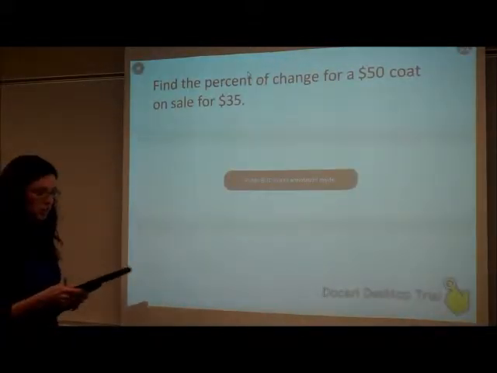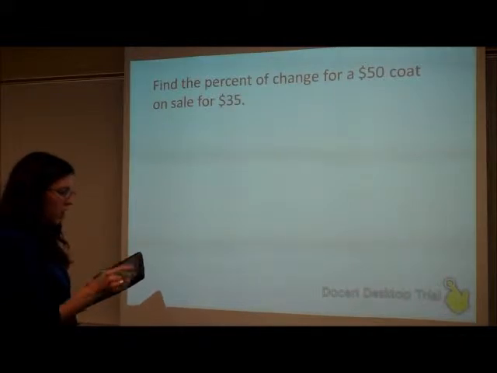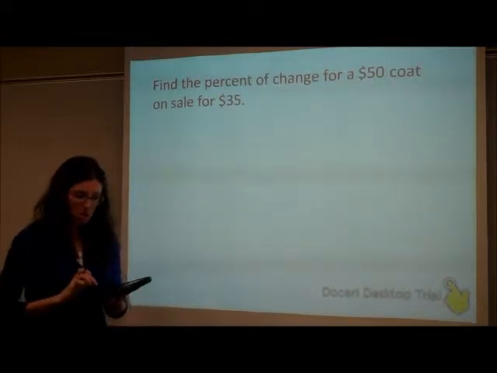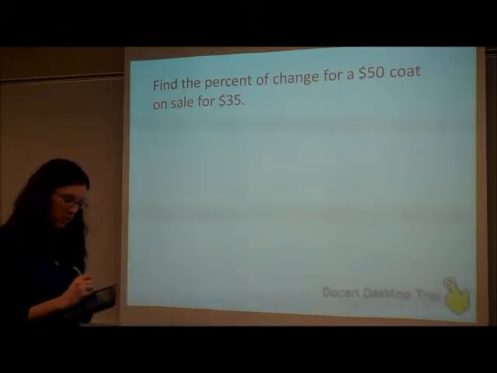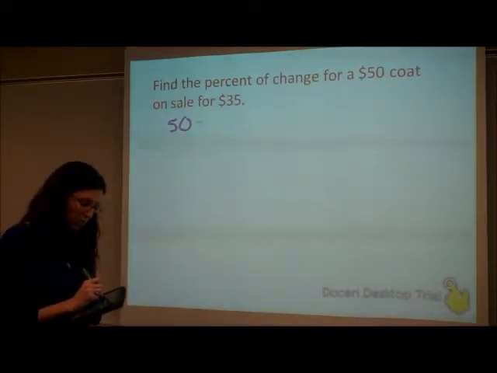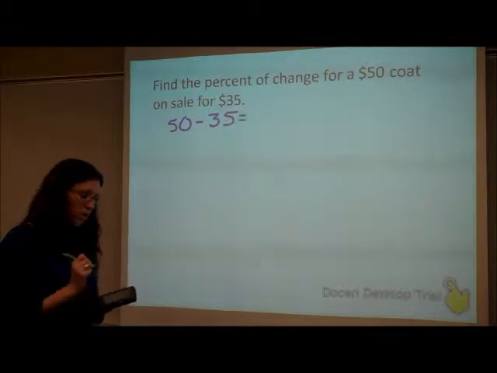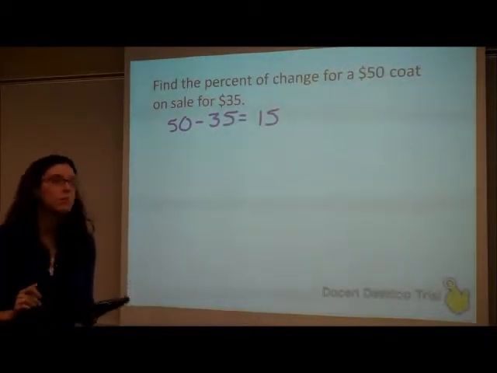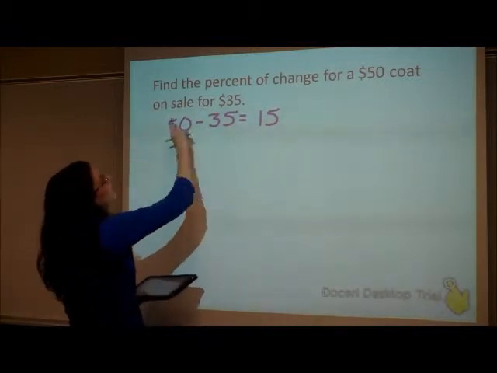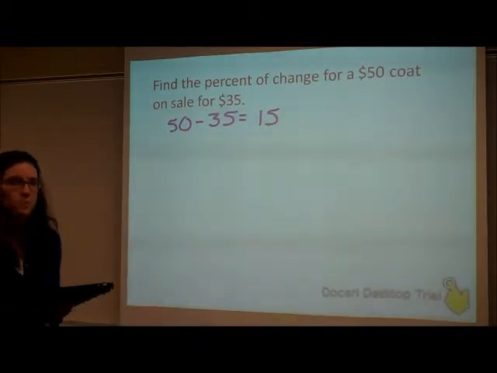Find the percent of change for a $50 coat on sale for $35. So first thing I want to do is find the amount of change. So what was the difference between $50 and $35? Well, if I subtract that, I get 15. Okay? That it went on sale $15 less.